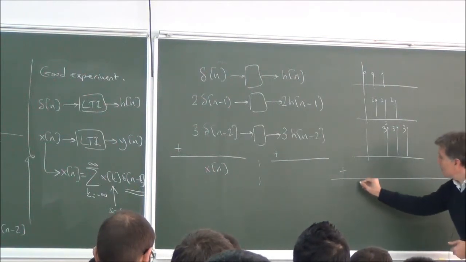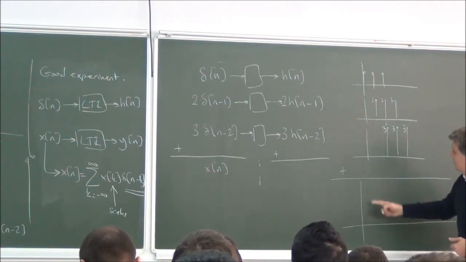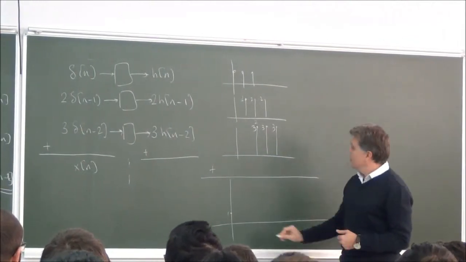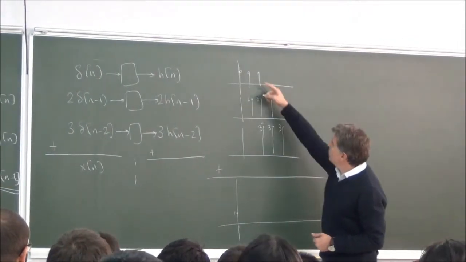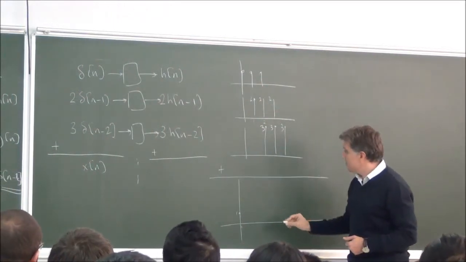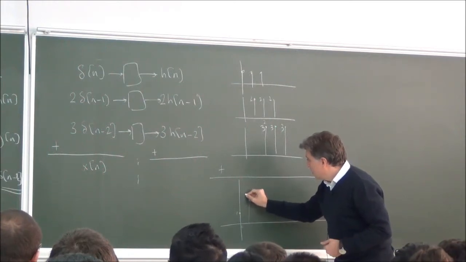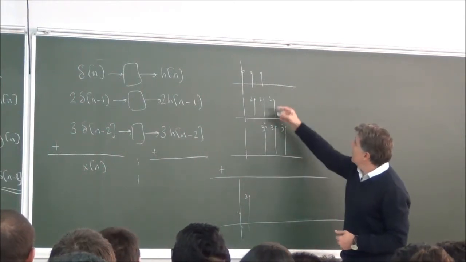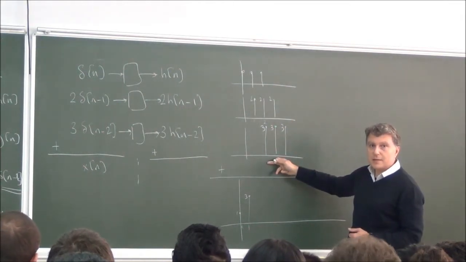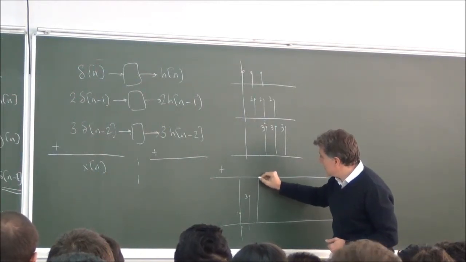What is that? How can we plot in the end? At 0 we have 1. At 1, we have 1 here, and 2 here, and nothing here. So it is 1 plus 2, which is 3. Then at 2, we have 1, we have 2, and we have 3, which makes 6. The scale is a little bit bad, sorry about that.